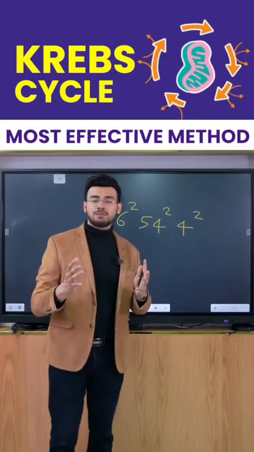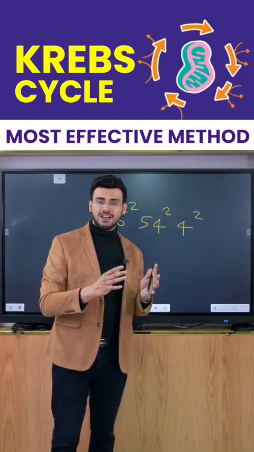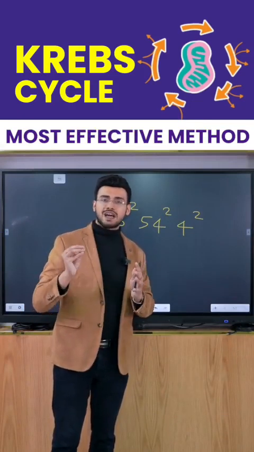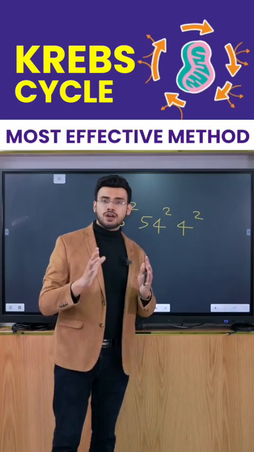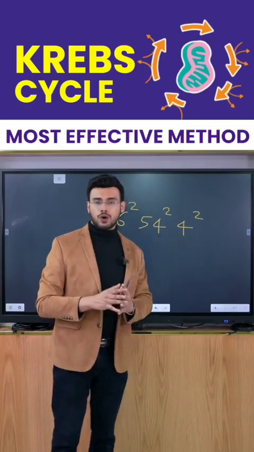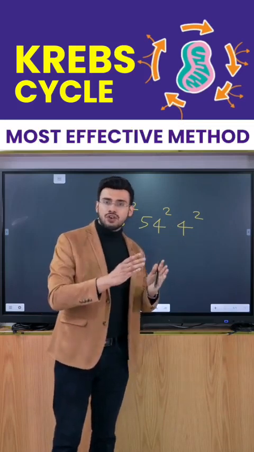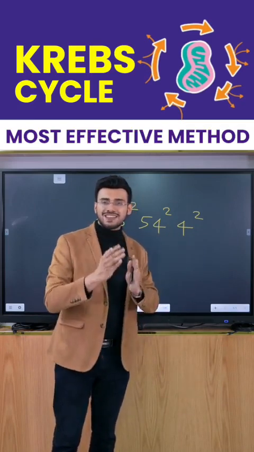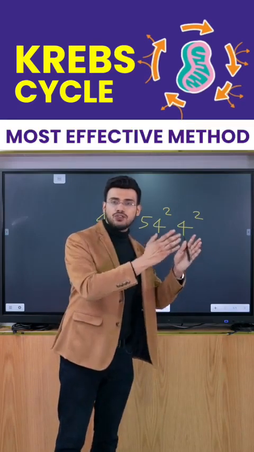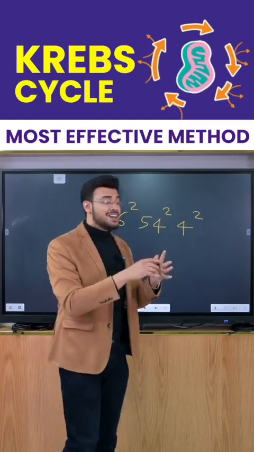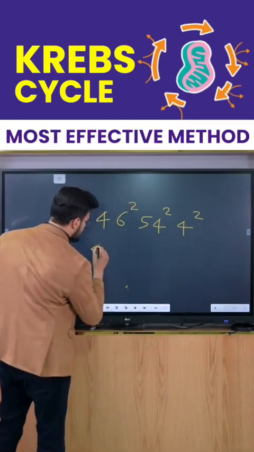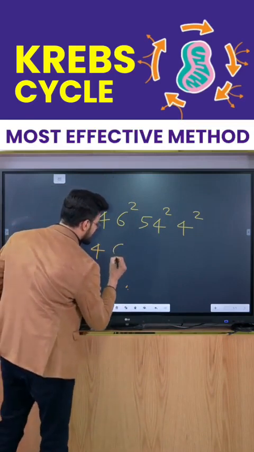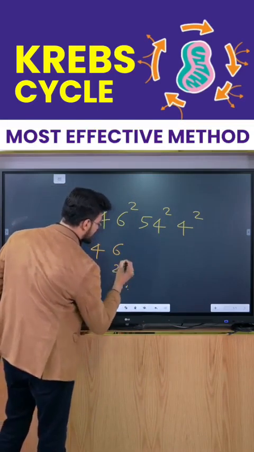How many carbons are involved in TCA cycle? In each step, how many carbons are involved? This is a common question which is coming in NEET exam. So for remembering this you have to remember 4, 6 square, 5, 4 square, 4 square. So what is this? That means in first step you are having 4 carbons. In second step you are getting 6 carbon.